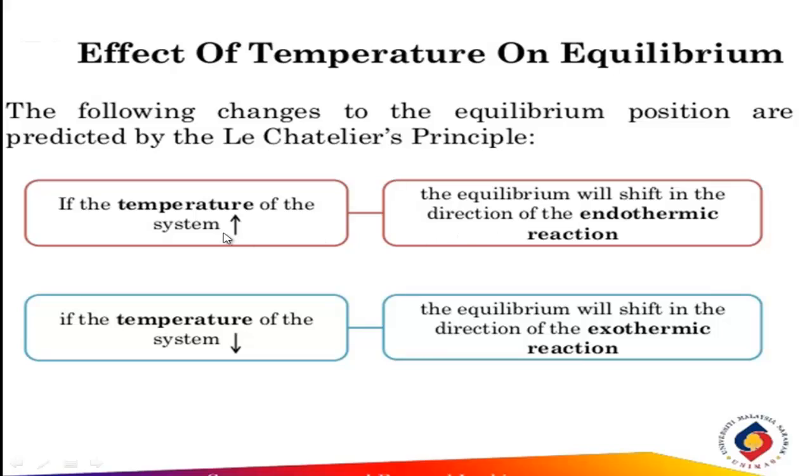That means the endothermic reaction rate should be increased. And if the temperature of the reaction system is decreased, then the equilibrium position will shift to the exothermic reaction. That means the exothermic reaction rate will be increased.